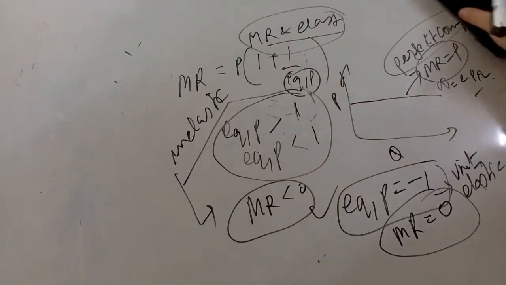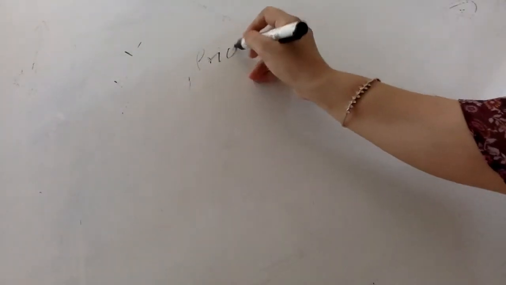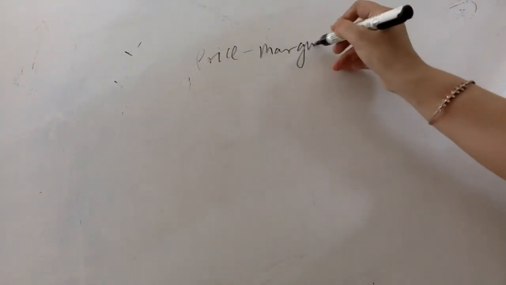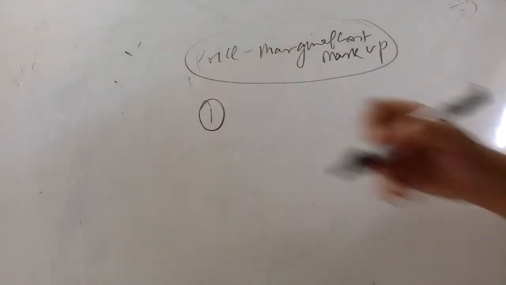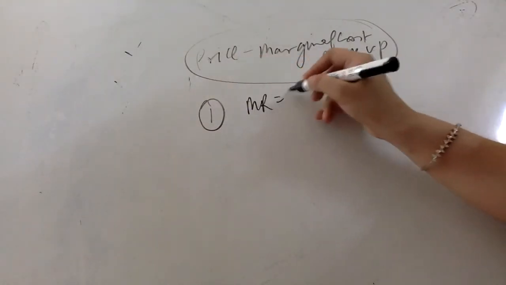Next I'll talk about price cost markup. So what is the price marginal cost markup? Let's understand. In equilibrium, the first condition of optimality we get is MR equal to MC.